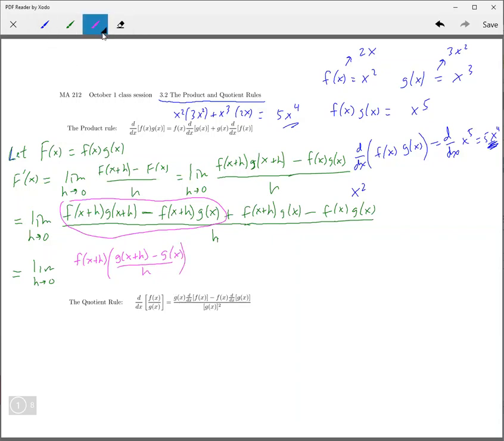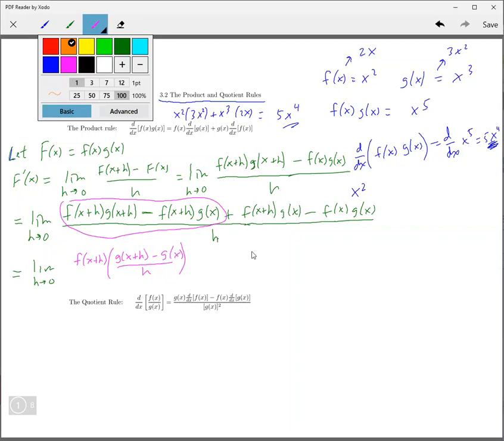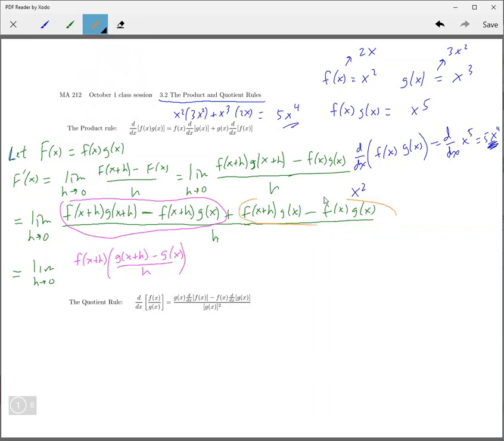And then this other part right here, I can factor g of x out, and I'm left with f of x plus h minus f of x all over h. Okay, and of course all that's together.